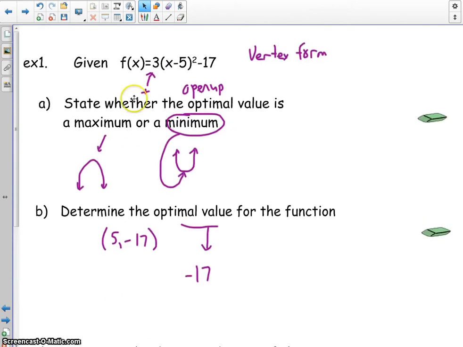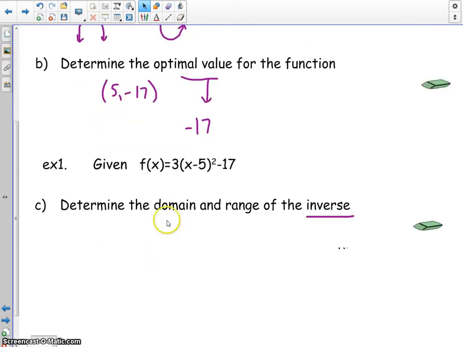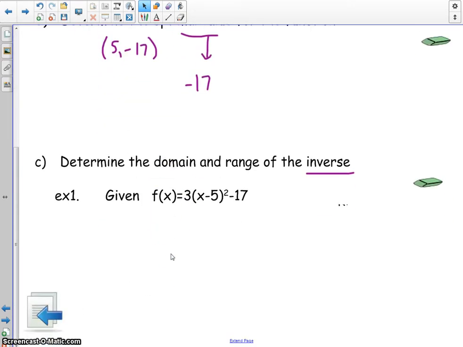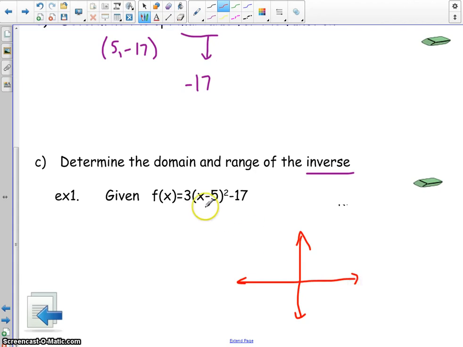I'm just going to bring the function down here so we have it for reference. Let me do a quick little sketch of this, nothing too fancy. Just make my Cartesian plane here. My vertex is at (5, negative 17), so that's going to be somewhere down in this quadrant. That's my vertex, and I open up.